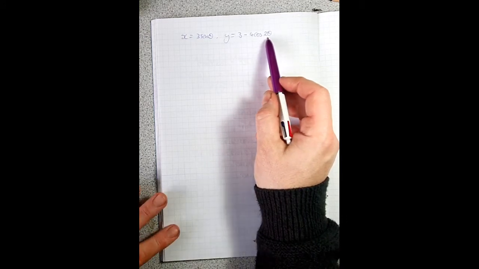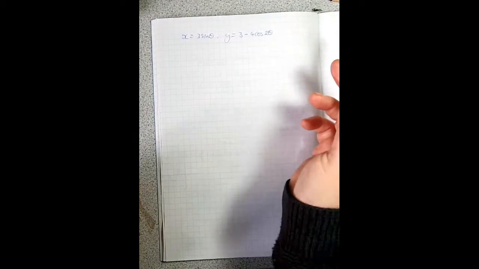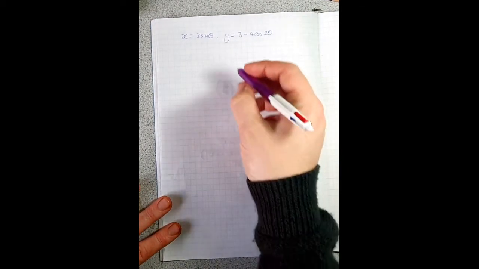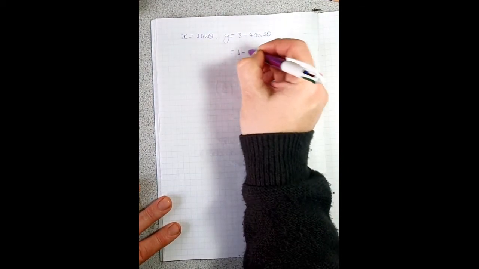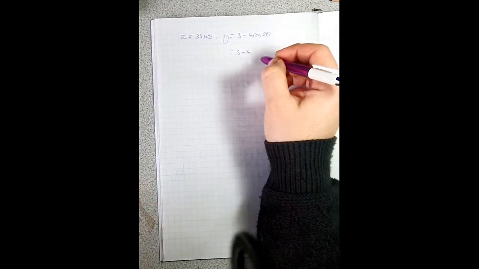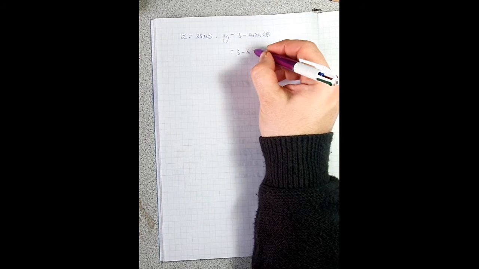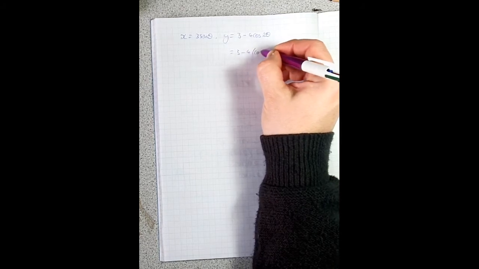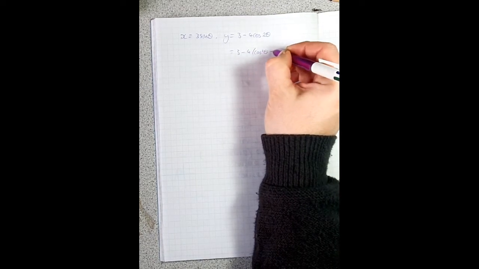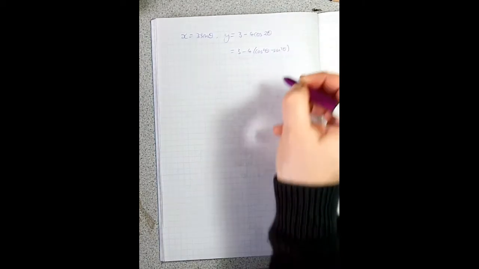You've got to be able to spot this. 2 theta and theta do not go together. So y is 3 minus 4 lots of, well, cos 2 theta, that's cos squared theta minus sine squared theta.